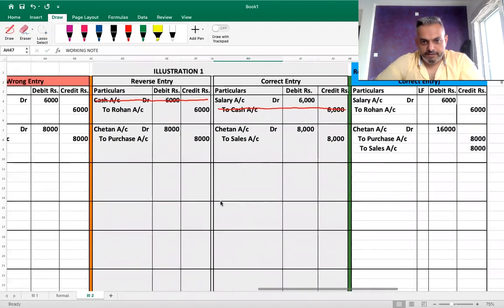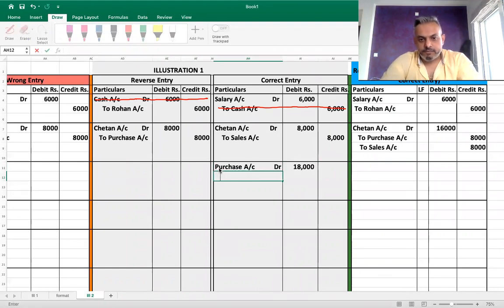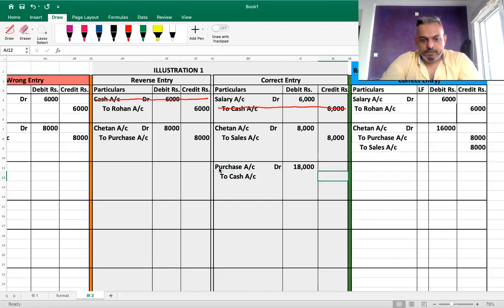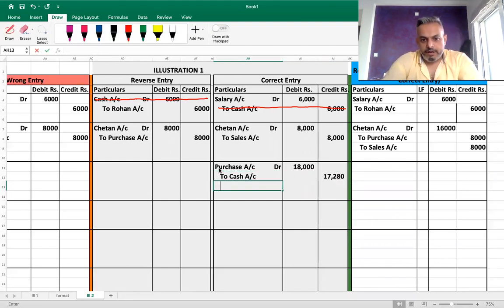So we write the correct entry: purchase account debit 18,000 to cash account credit 17280 and to discount account 720.